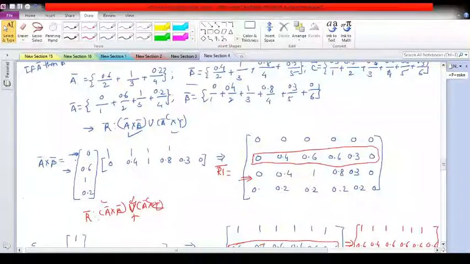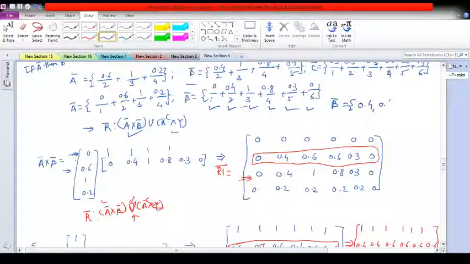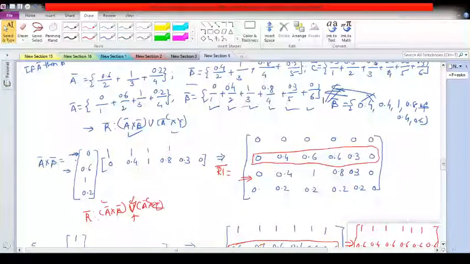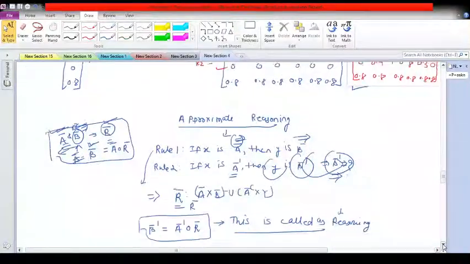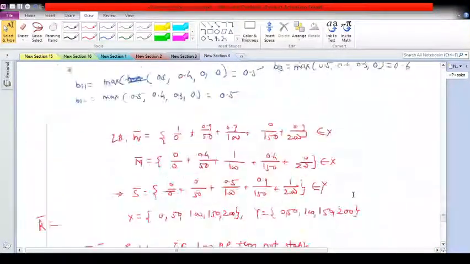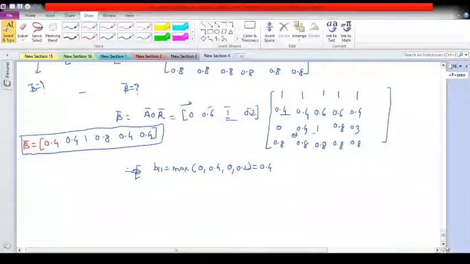B bar here is 0, 0.4, 1, 0.8, 0.3, 0, whereas the B bar we have obtained in our case was 0.4, 0.4, 1, 0.8, 0.4 and 0.4, which is not at all equal to this B bar. That's why this is not exact reasoning, but approximate reasoning. That is why the name is given approximate reasoning.